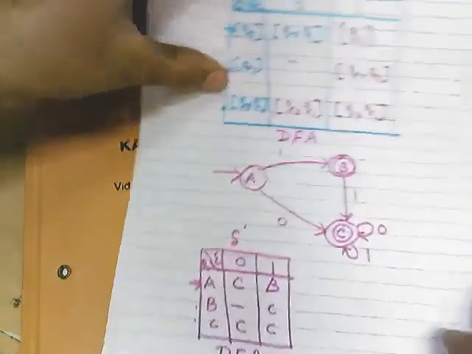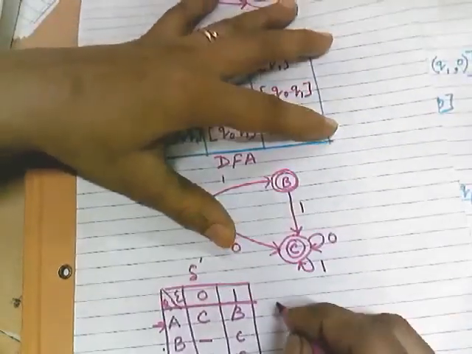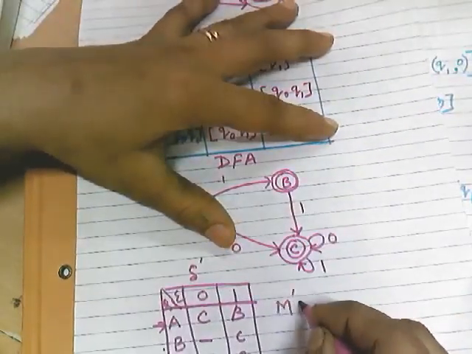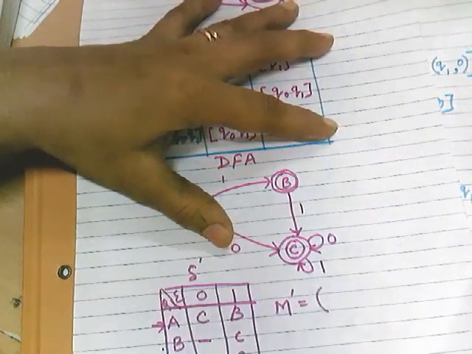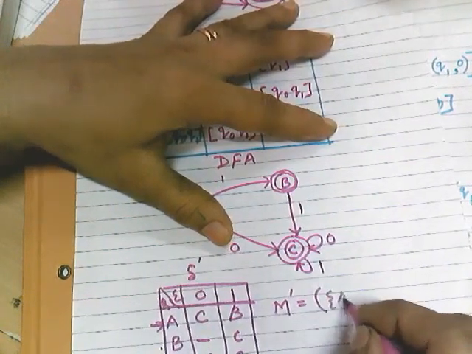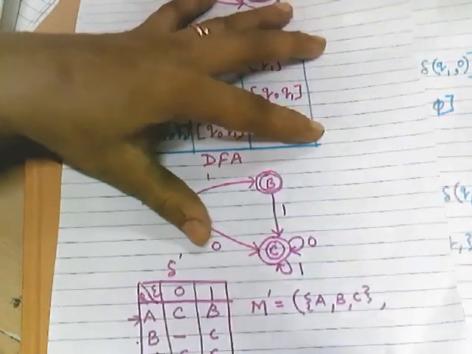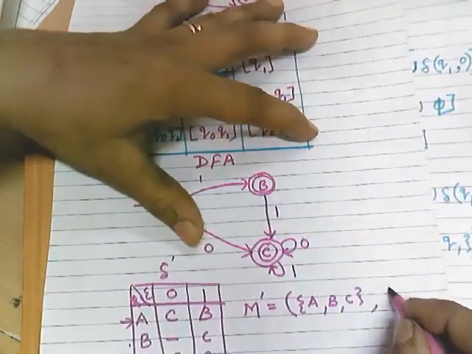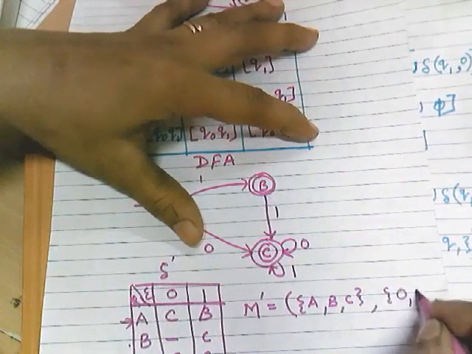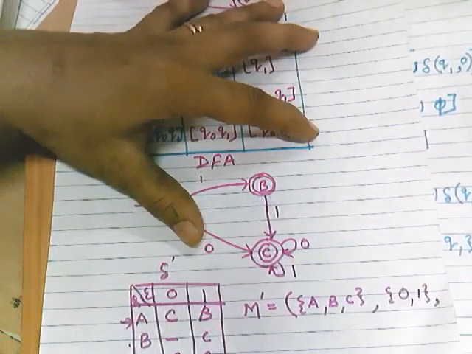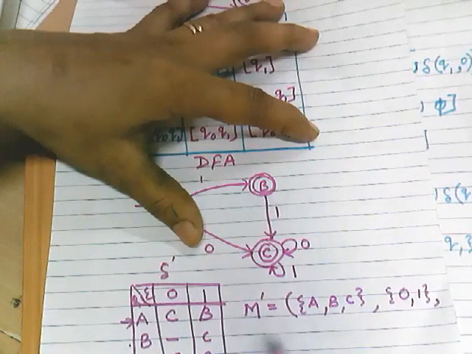So now can I say, if I want to again represent my M dash is equal to, now how many states are there? A, B, C. Then what is my alphabet? My alphabet is 0 and 1, comma. What is my delta dash function?